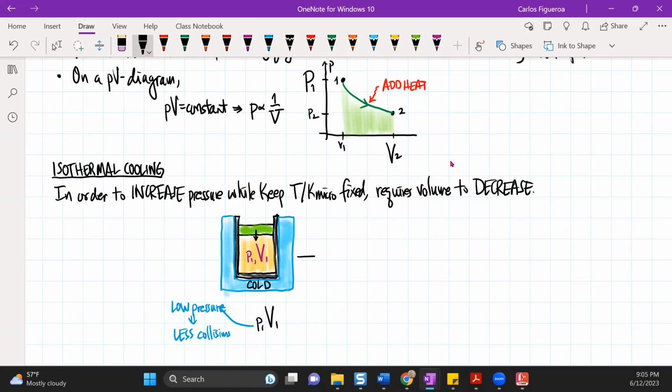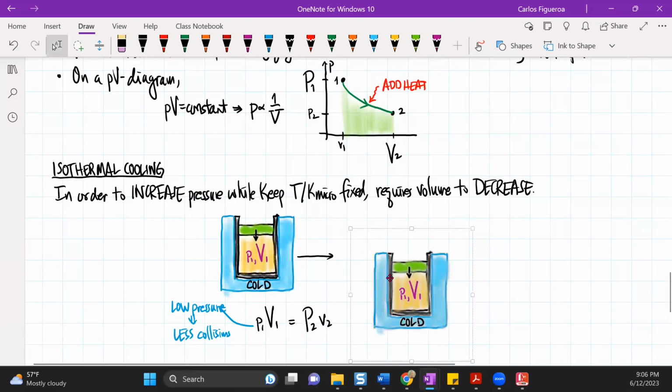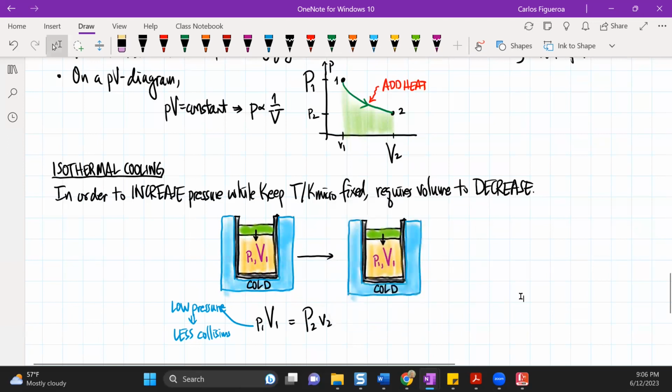But now what I'm going to do here is that in order to decrease the volume, I have no choice but to increase the pressure. So if I look at this guy right here, here's what I'm seeing. So it's the work of the piston that increases.